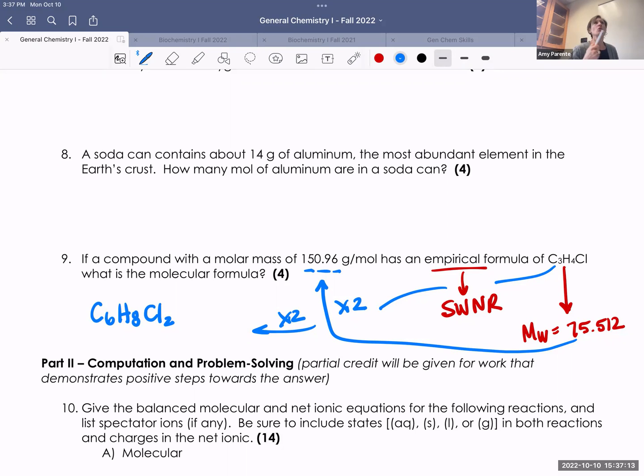I can see where students get confused, because they're like, wait a minute, Dr. Prenny, you said if it asks how many, isn't that Avogadro's number? But this is really saying how many moles, not how many items. So if it's asking how many moles, that's not Avogadro's number per se. If it's asking how many atoms, how many molecules, how many formula units, then we're going to need to use Avogadro's number.